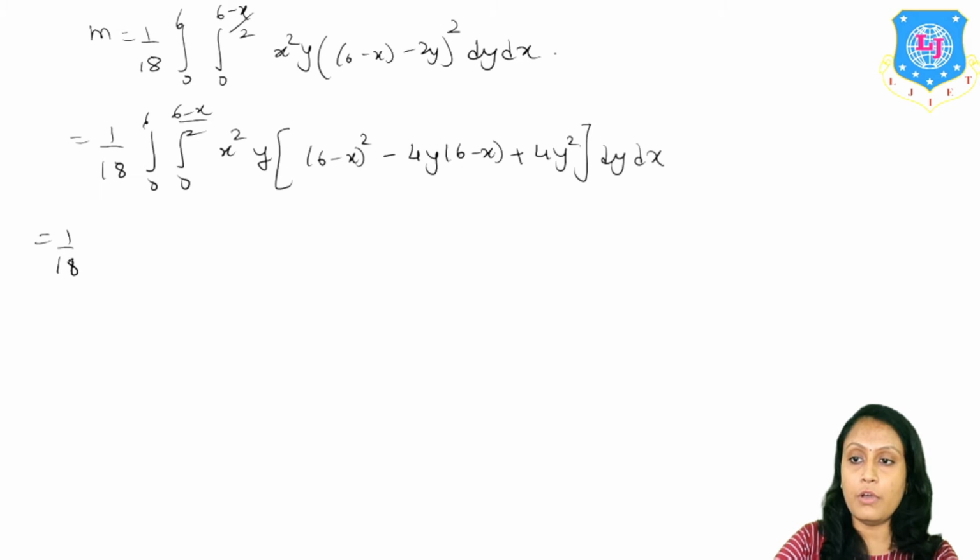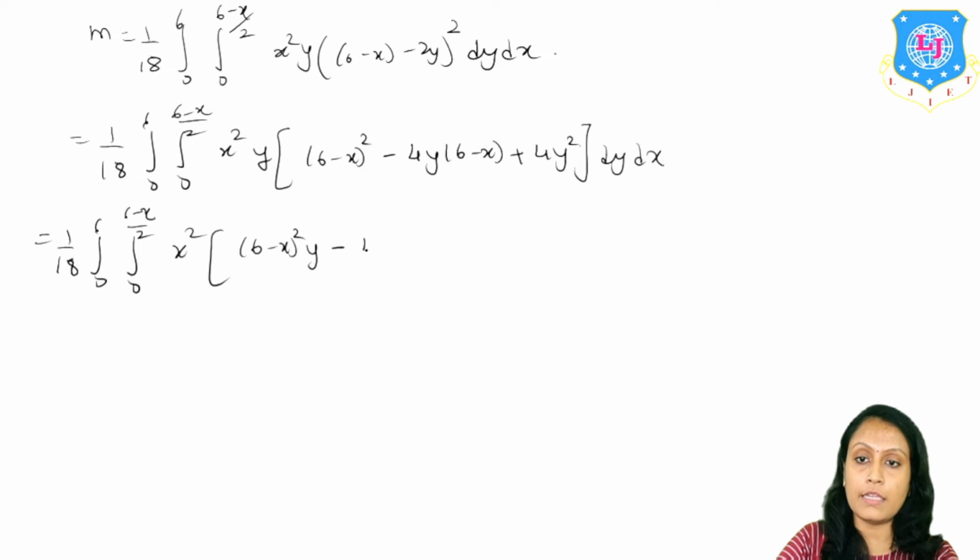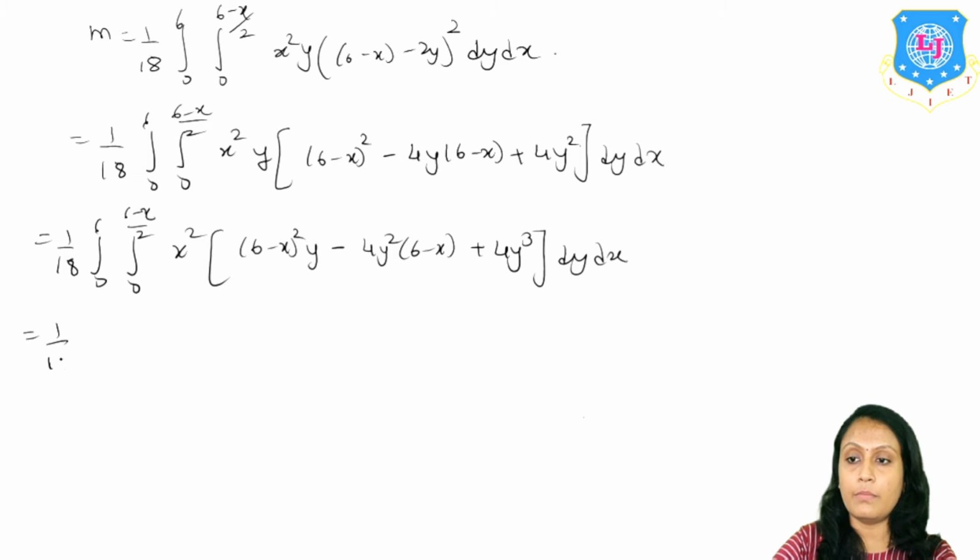So this is 1 upon 18 integration 0 to 6, 0 to (6 minus x) upon 2, this x square as it is. Here (6 minus x) whole square into y minus 4y square into (6 minus x) plus 4y cube, dy dx. So this is 1 upon 18 integration 0 to 6.